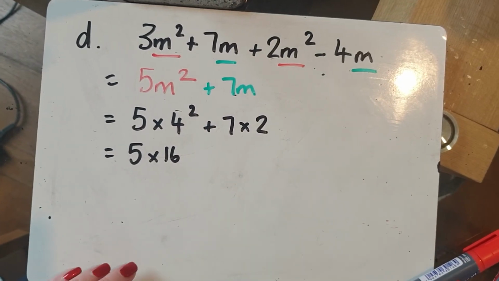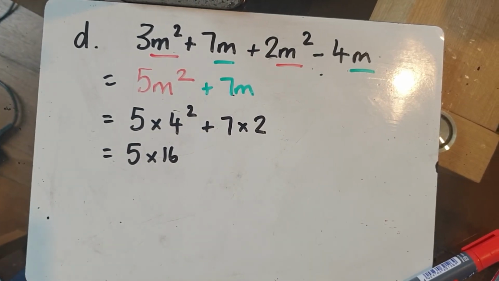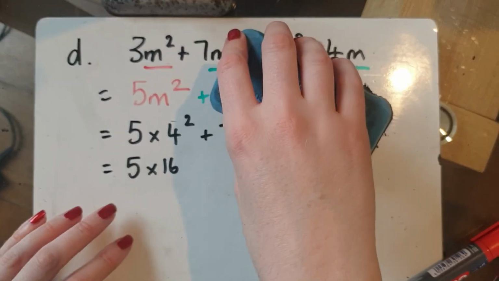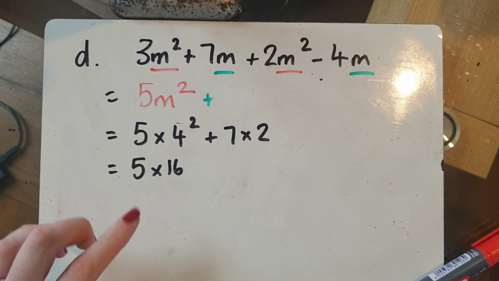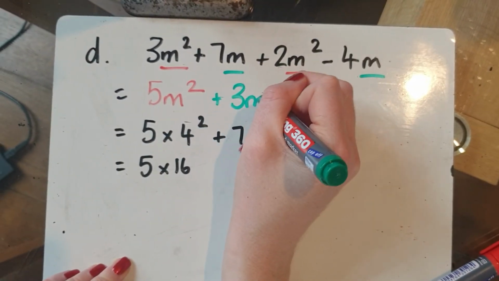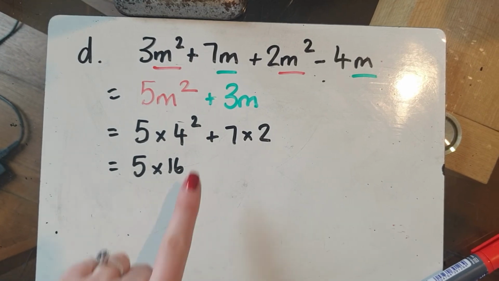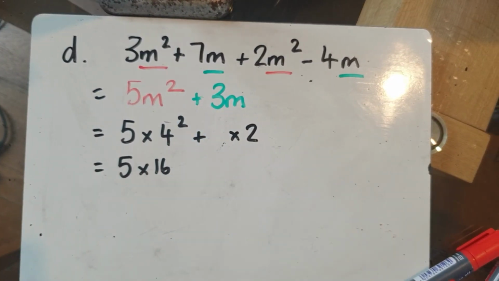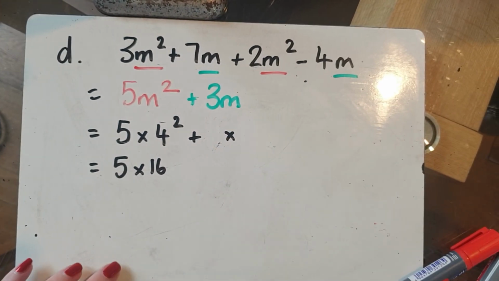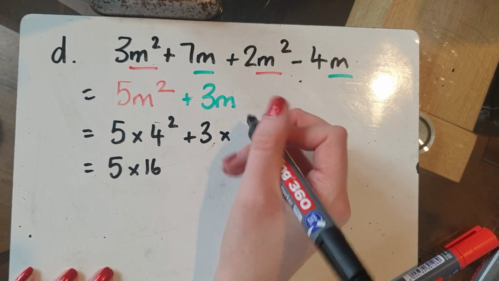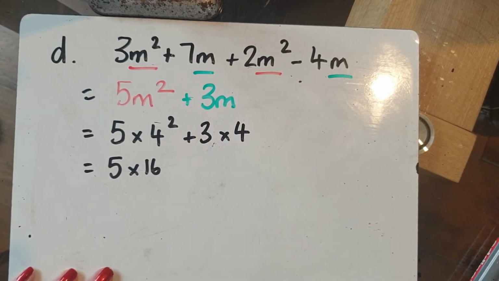Oh, what a load of nonsense. Sorry, everyone. I hope you all spotted my mistake up here. Where I did 7m minus 4m, I should have said that that is 3m, which means that when I get to here, I should do 3, and also it's still m, it's not n, so that m will be 4.